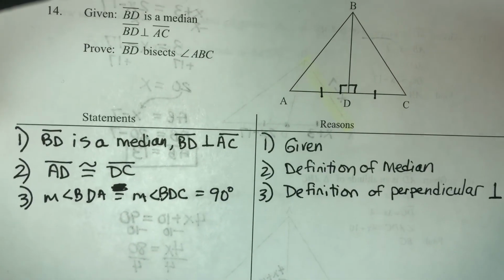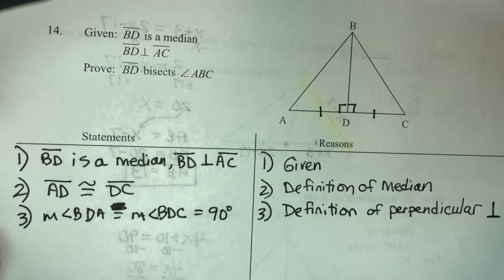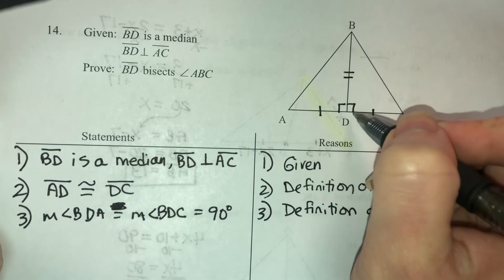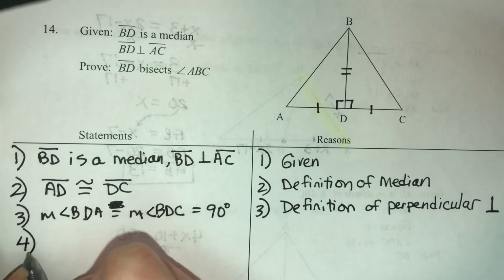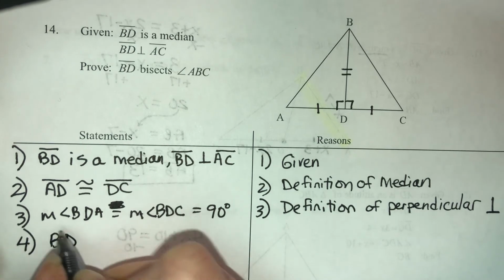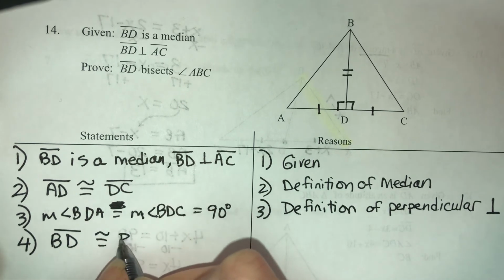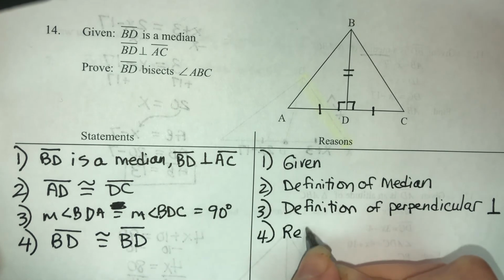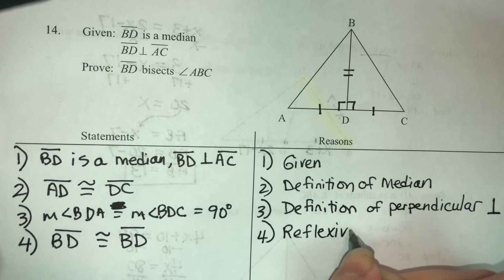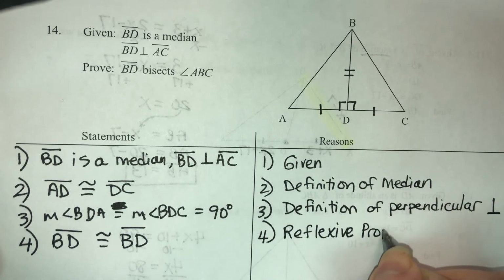And what else is the same in both these triangles? Well, we have the same situation we did last time. This segment BD is a shared segment, and that means it's got to be congruent to itself. BD is congruent to BD because of the reflexive property. Everything is congruent to itself.